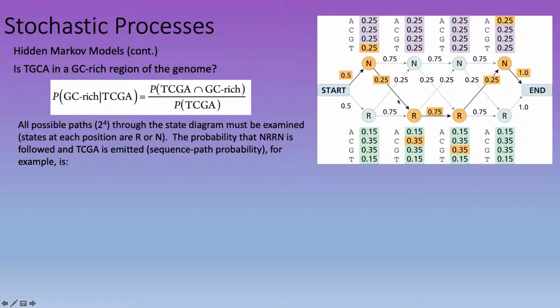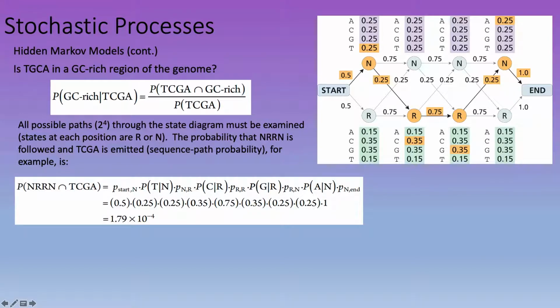That's how we could move through this. And if we're going to move through this, we can see that we have these different probabilities of transition associated with the path, as well as emission based upon the likelihood of observing a specific type of nucleotide in those positions.